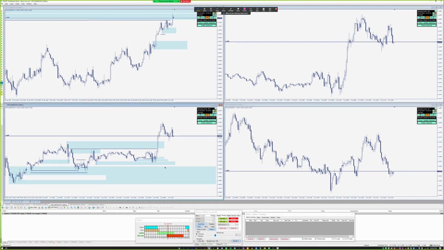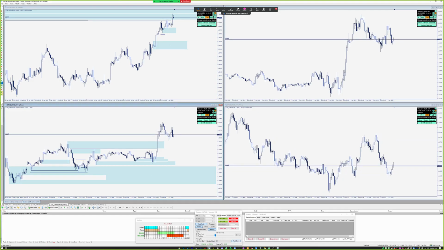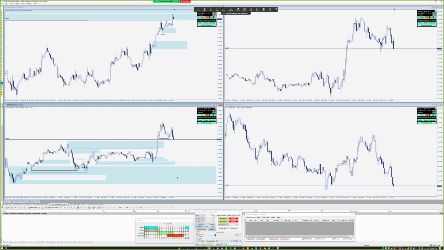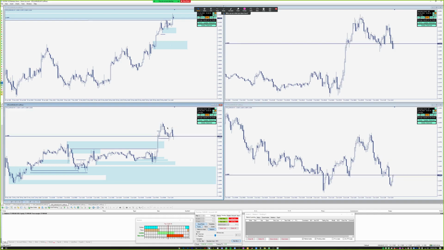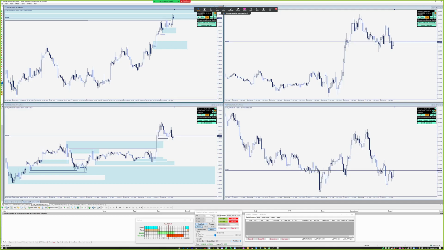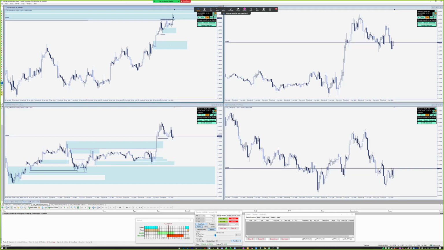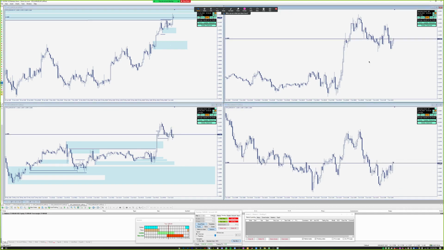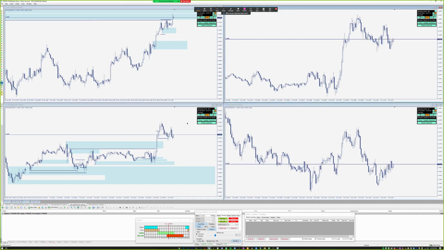So again, you guys see how we're getting a change of character here? Took this high, wicked this low, and price is now starting to look like it wants to reverse a little bit. And same thing with this: built liquidity, we swept it. So potentially we could look for shorts, maybe, but it is counter trend.